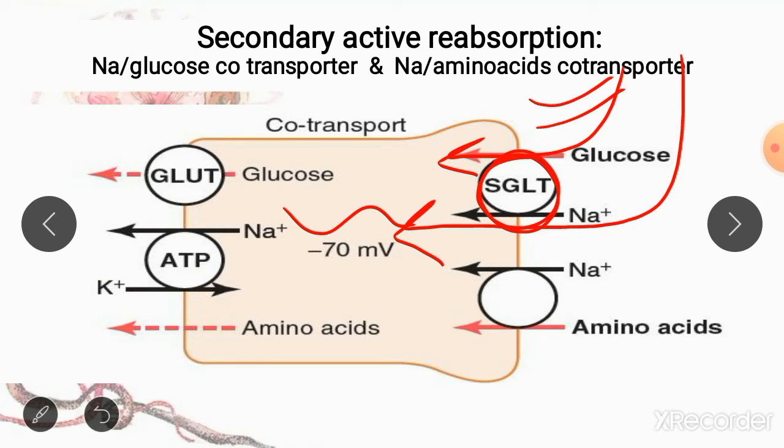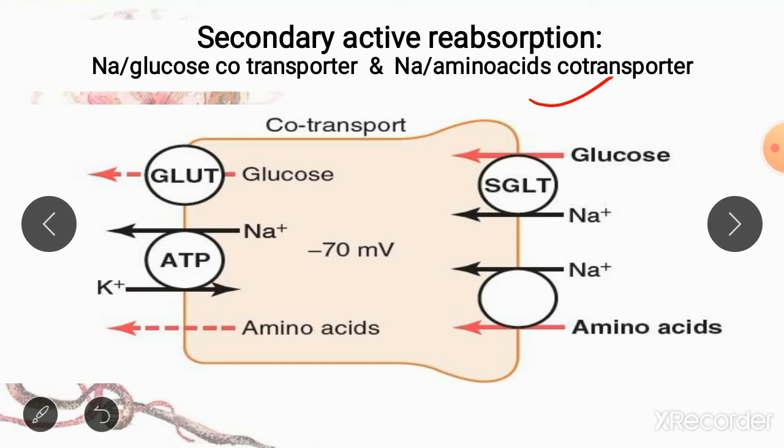And the proteins which are involved are the sodium glucose co-transporter. Here this protein is known as sodium glucose co-transporter, and once glucose accumulates within the cell, it simply diffuses out through glucose transporters, which are not energy dependent and they are passive transport channels, and glucose can simply leak out of the cell along its concentration gradient.